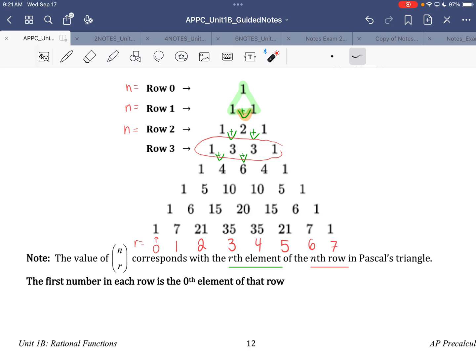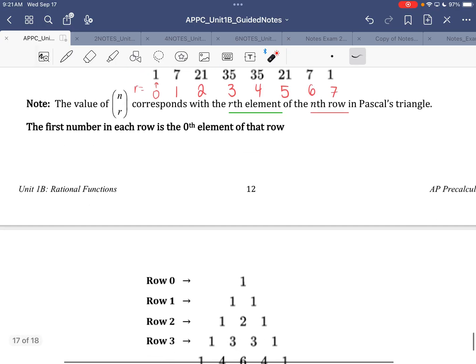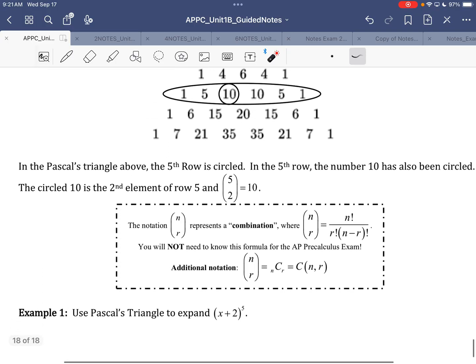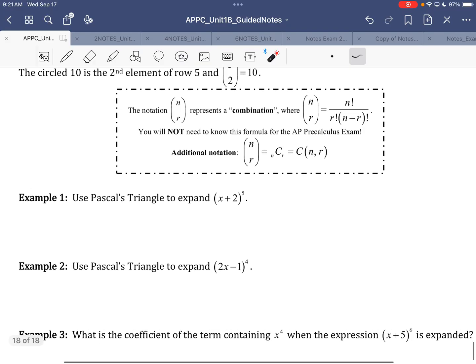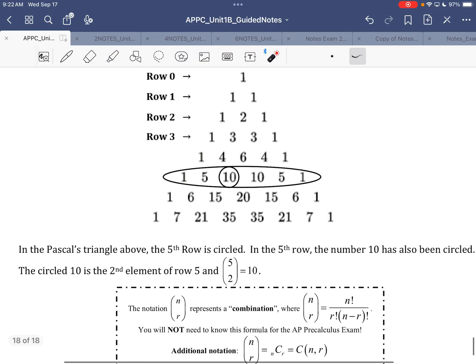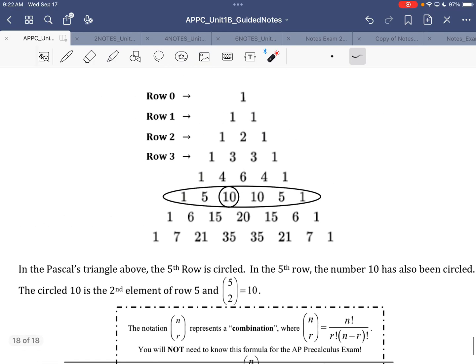Okay, let's try to do one on the next page. So this is just trying to have you figure out the combination thing. So if I said 5 choose 2, down here, 5 choose 2.